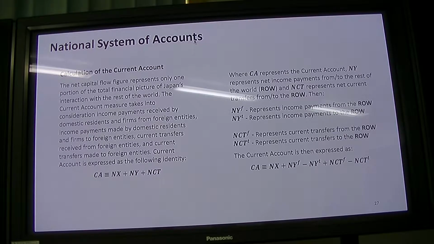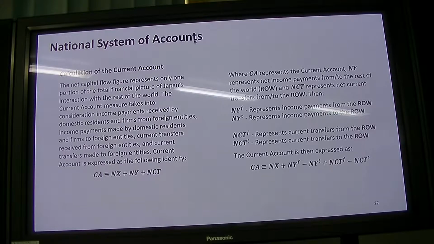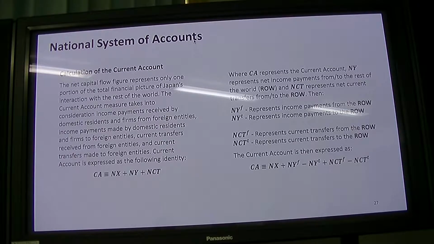So it goes both ways. This would be a positive, this would be a negative. So it's positive flows and negative flows based on the ownership of assets and the rights to the payment. So the legal right to the payment and the direction of the flow as a result of that.